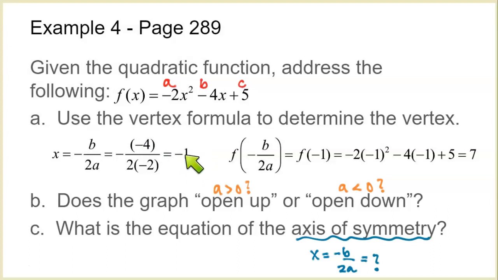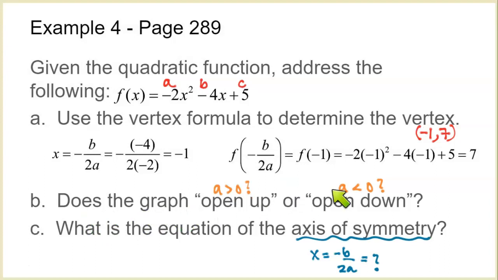I take that number and substitute it back into my original function, and I get a y value, and that represents the x and the y for my vertex. So using this formula, I can see that the vertex is (-1, 7). -1 is the value that I found using the b and the a from the equation in this formula, and I take that -1, plug it back into my function, and I get 7, and so this is my vertex.